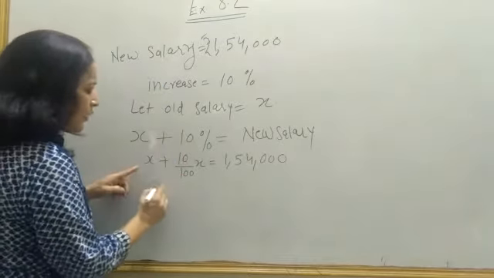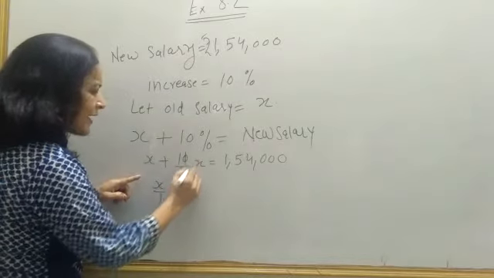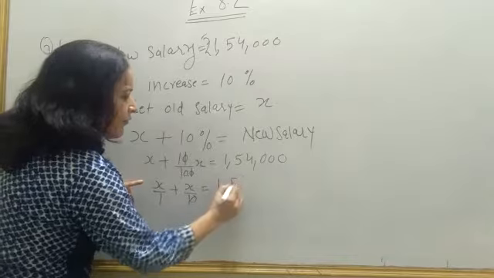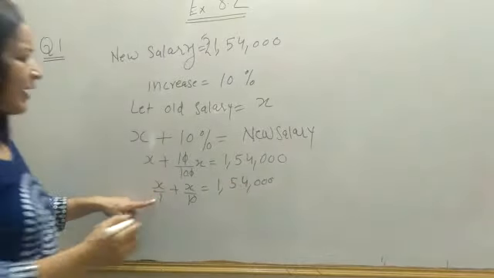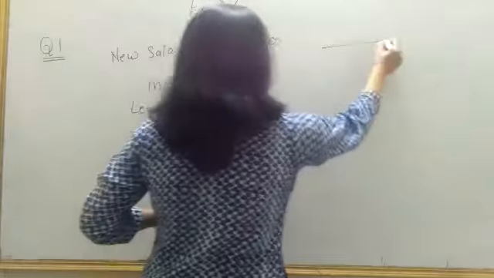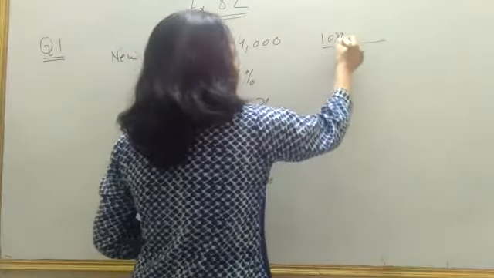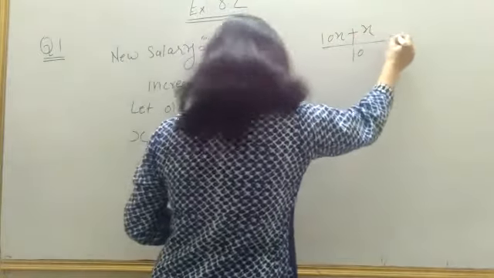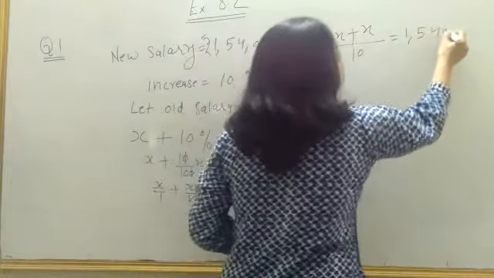Here nothing in the denominator, take it as 1. This 0 cancels with 0, so it is X upon 10. Now take LCM of 1 and 10, which is 10. So 10x plus x, that is 11x upon 10 is equal to 1,54,000.